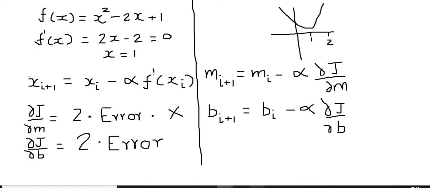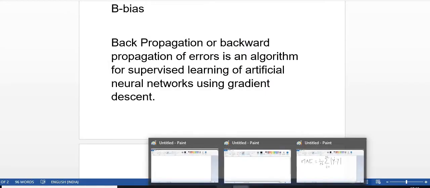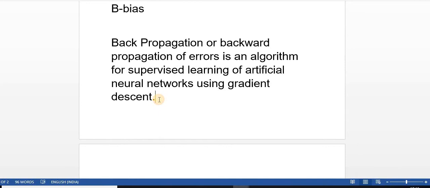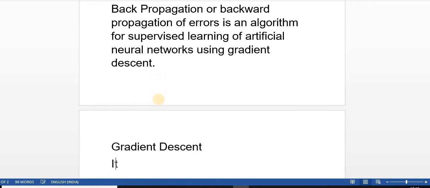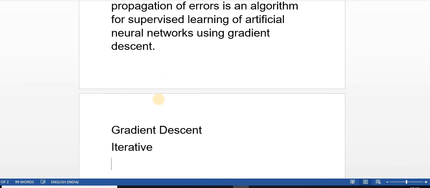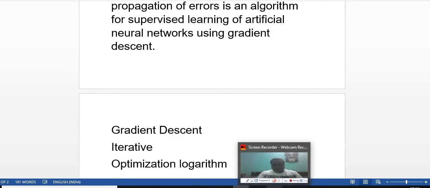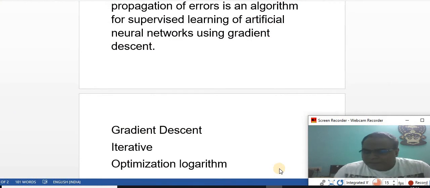It is a really important topic related to machine learning, deep learning and artificial neural networks. It is an iterative, repetitive process. So what are we optimizing here? That is what I am going to talk about. I will give you some idea about the gradient descent algorithm.